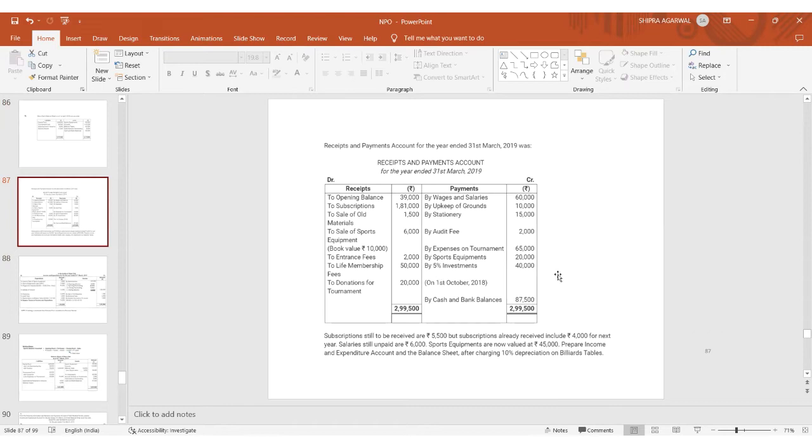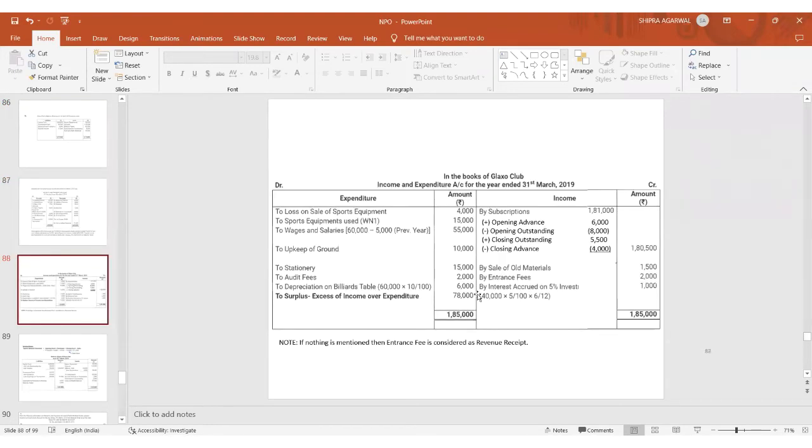So if I calculate 5% of 40,000, that will be 2,000. But these were purchased on 1st October 2018. So that means for the current year, they were only for 6 months. So as a result, I will calculate it for 6 months only. So 6 by 12, my actual figure comes out to 1,000.